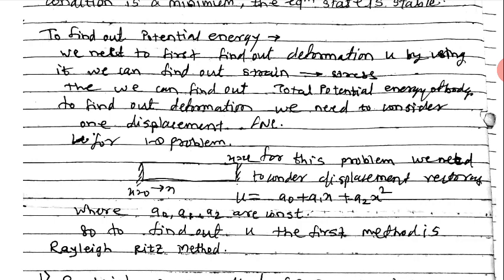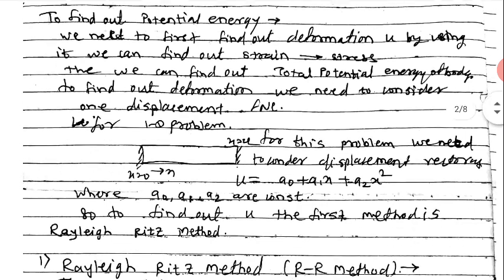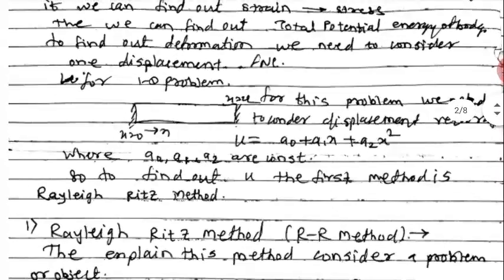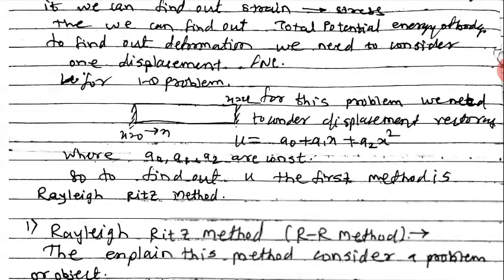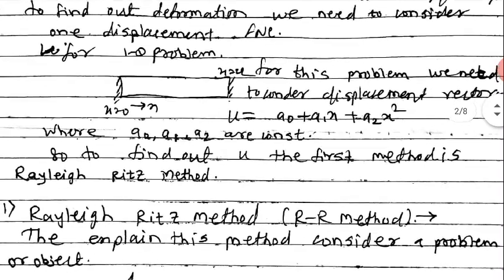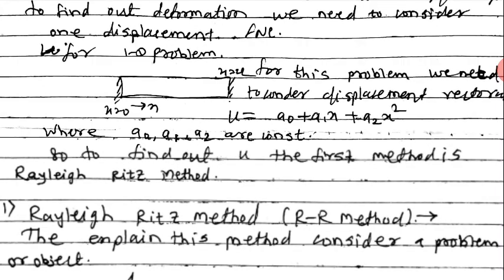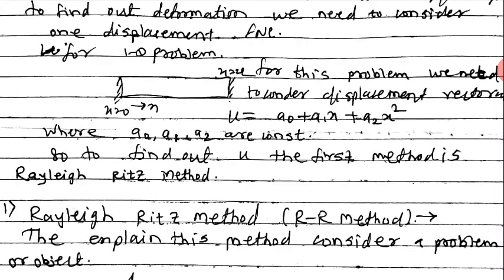If we want to find the total potential energy of a body, to find the deformation we need to consider one displacement. So we can consider a stressed bar which has fixed points on both ends.